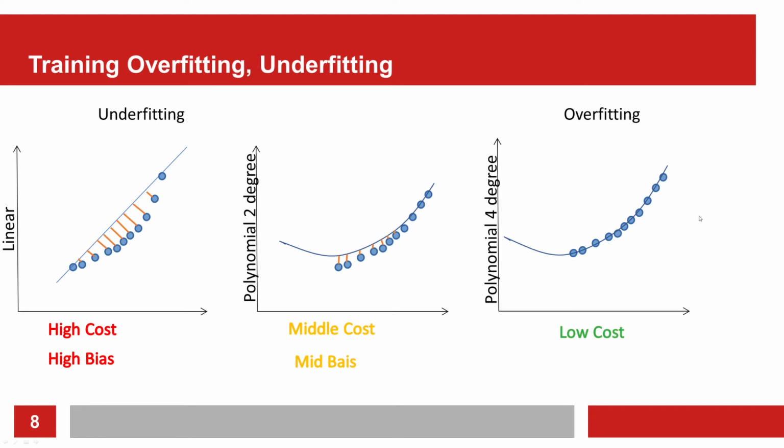Assume, for example, we have point C, so the error will be high. We will see it in the next slides. In this case, if the error is high, our model is underfitting. If the cost is low, our model is overfitting.